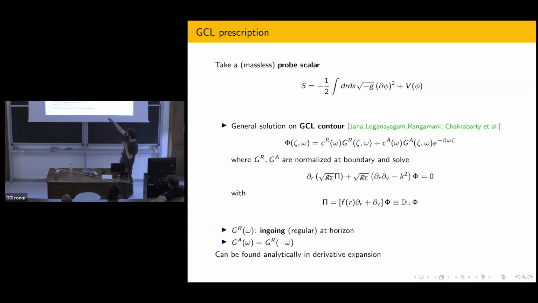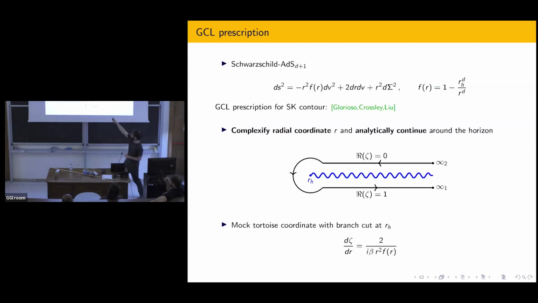It just means that you consider this Klein-Gordon equation, but on a complex parameter. So the Klein-Gordon equation has this partial r, but r is complex. This is the only thing that I mean, because r does a complex excursion around the horizon.